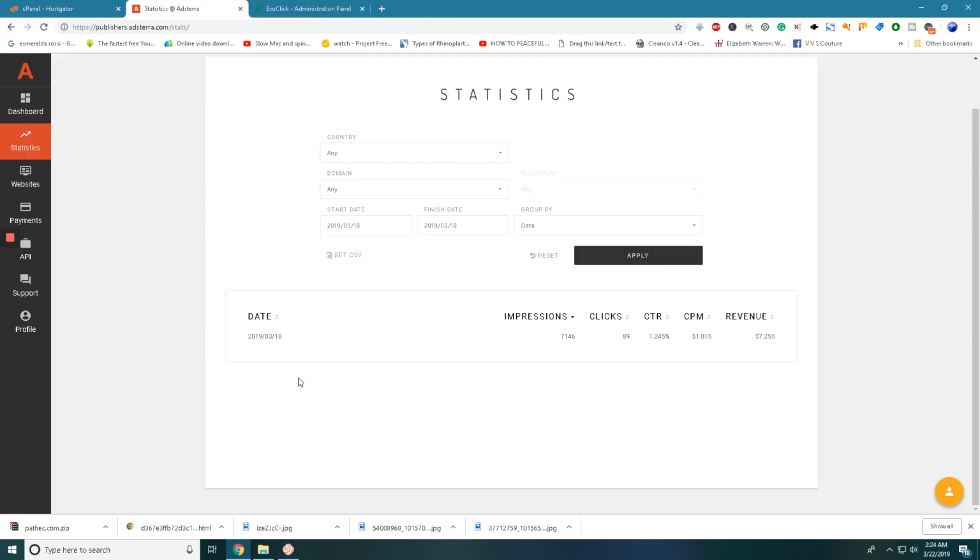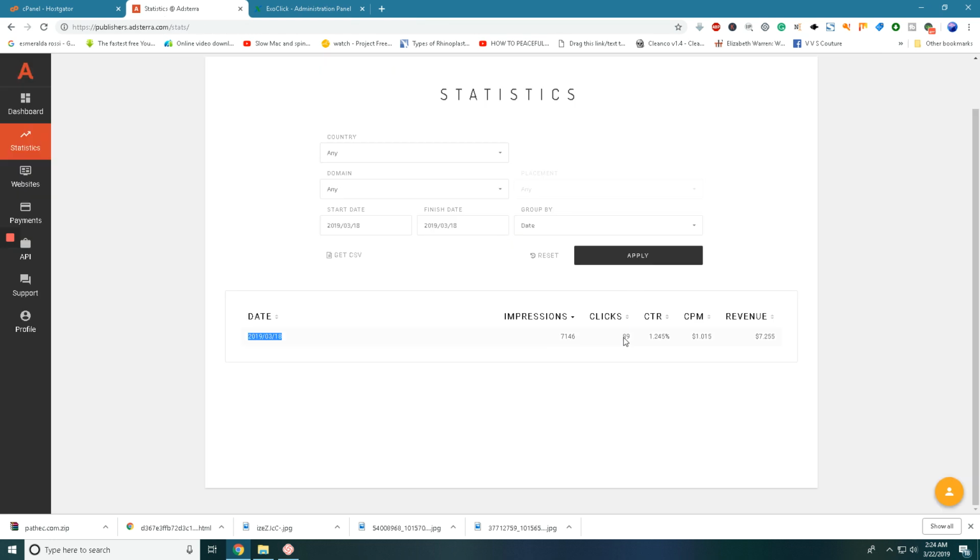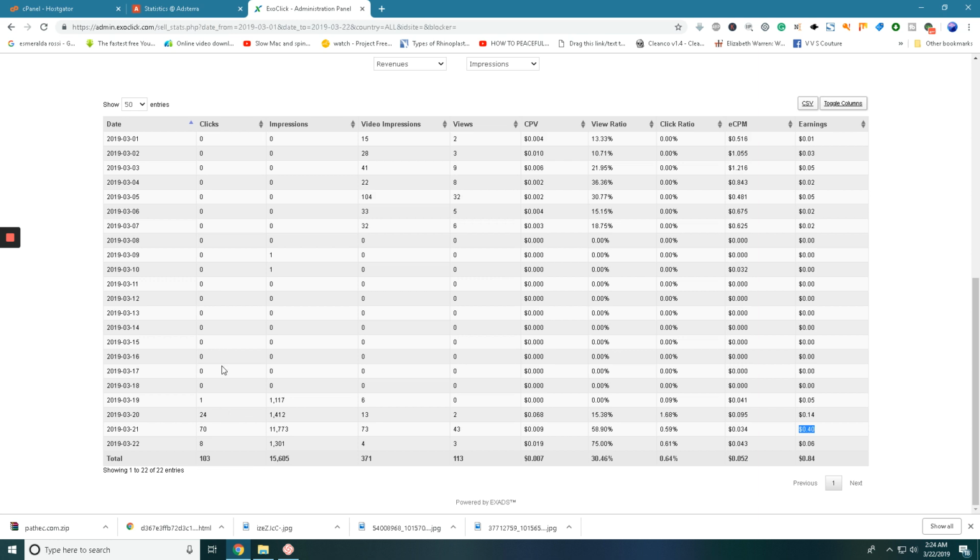So I took one date, which was before I changed. I wanted to see what ExoClick did, and I took one date a couple of days before, which was March 18th. 7,100 impressions versus 11,000 impressions. Clicks, 89 clicks versus 70 clicks.